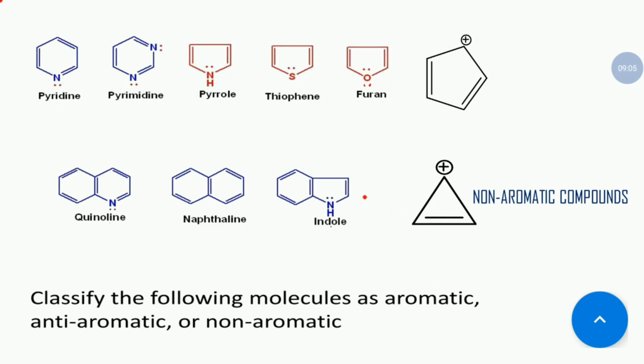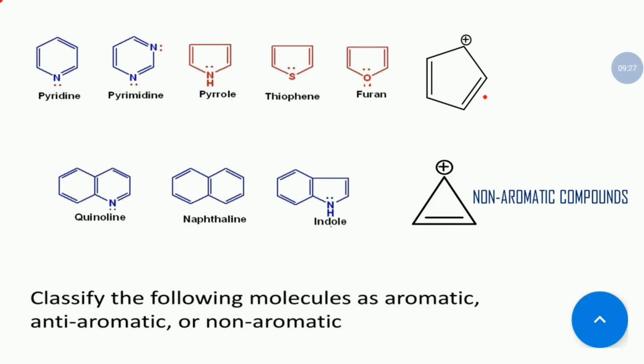Now comes the last rule, that is, the total number of pi electrons has to be counted. So we are starting from here. Here only 2 pi bonds are there, no lone pair, so that means the total number of pi electrons is 4.